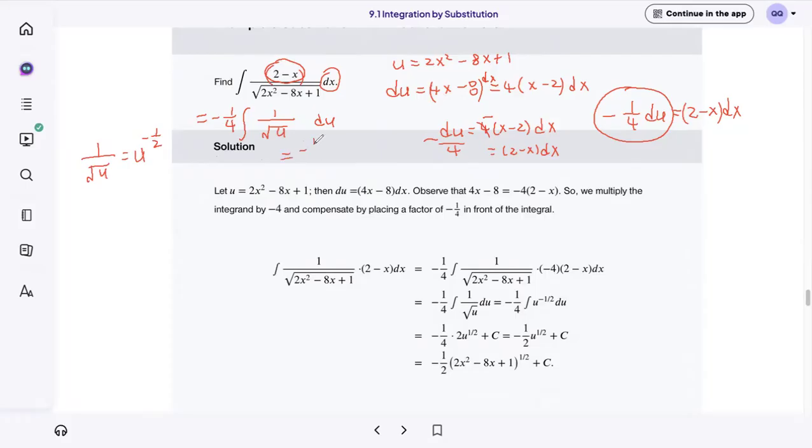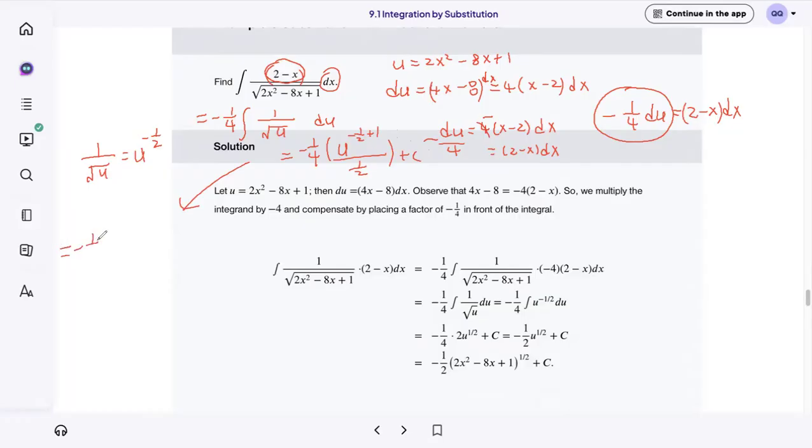So with the negative quarter, we use the anti-differentiation power rule: add 1 to the exponent, so u raised to negative half plus 1, divided by negative half plus 1, which is positive half. So we divide by half. Then we add c.